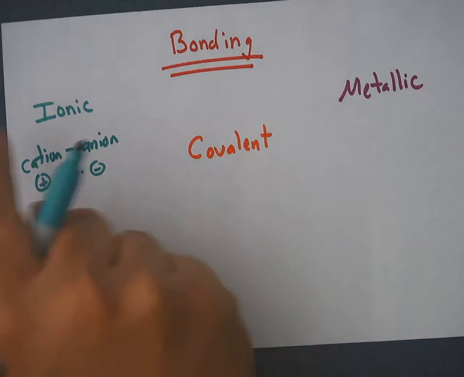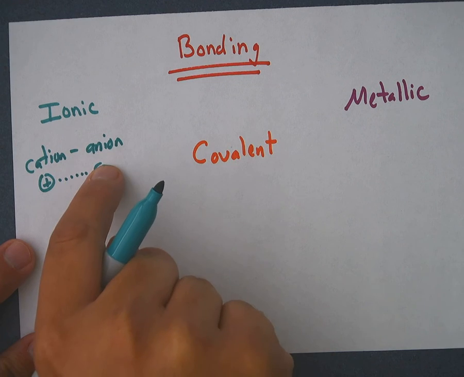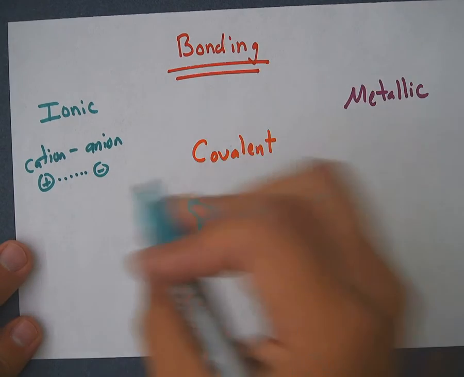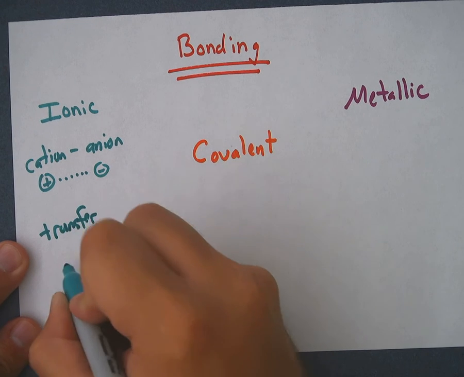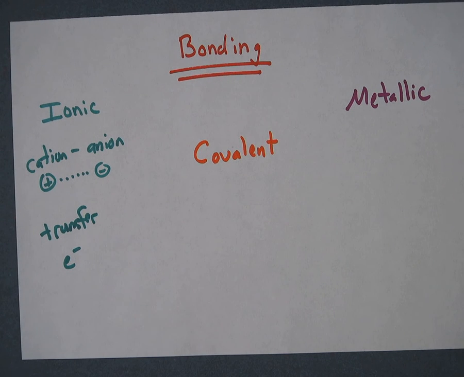Usually the cation is a metal and the anion is a non-metal, but that's not always the case, and polyatomic ions are included. In this case, there's going to be a transfer of electrons. If you remember, if you took the class, we did dot structures and saw electron switching, like sodium will give an electron to chlorine in order to make an ionic bond, okay?